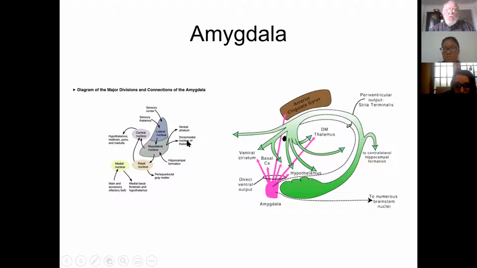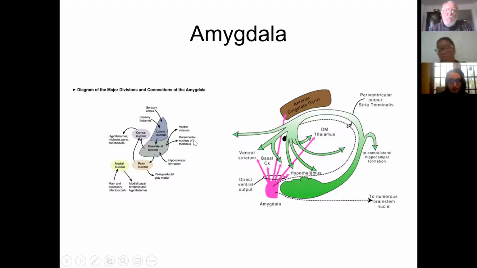One interesting thing, again, to begin to try to tie together a number of the structures that we have talked about, is we recognized that when we were looking at the thalamus and the dorsomedial nucleus of thalamus, one of the major inputs going into the thalamus was coming from the amygdala.